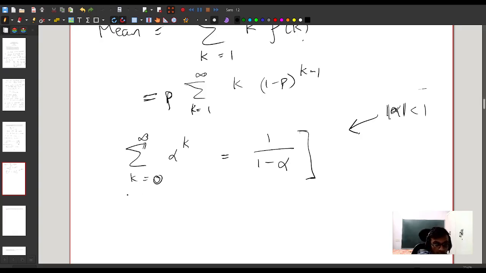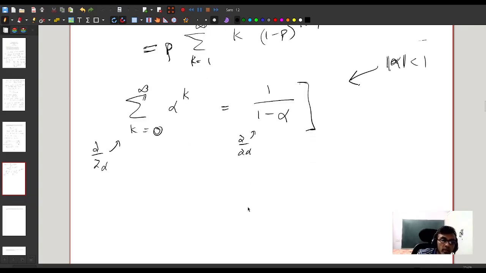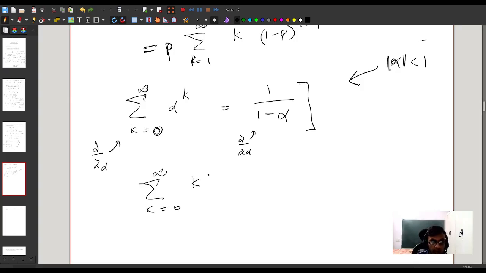On the left we get k times alpha to the k minus 1, and on the right hand side we have 1 over (1 minus alpha) whole square.